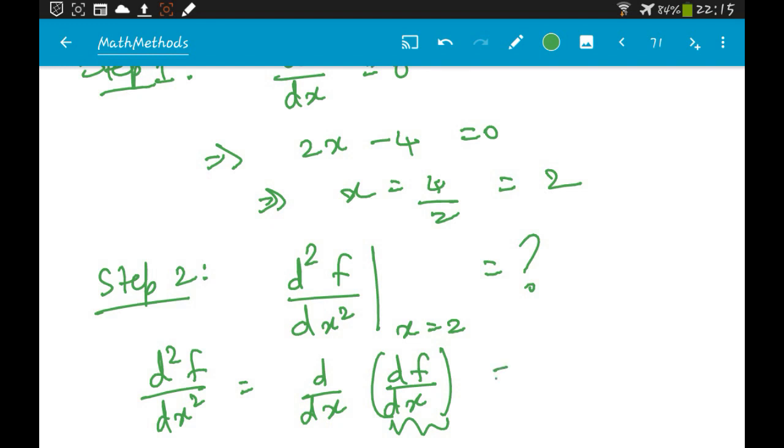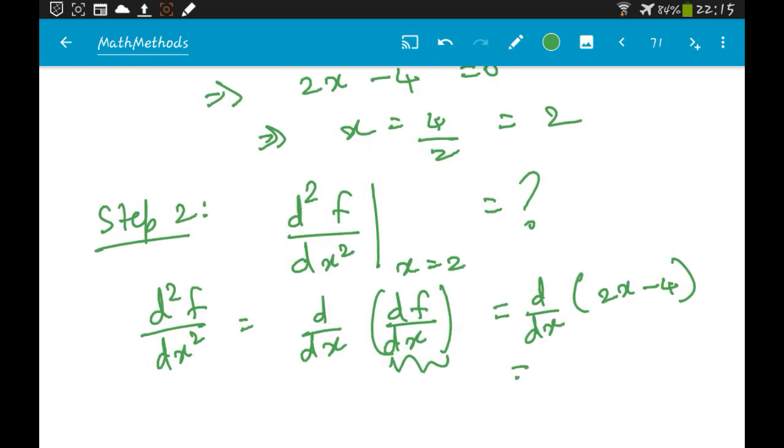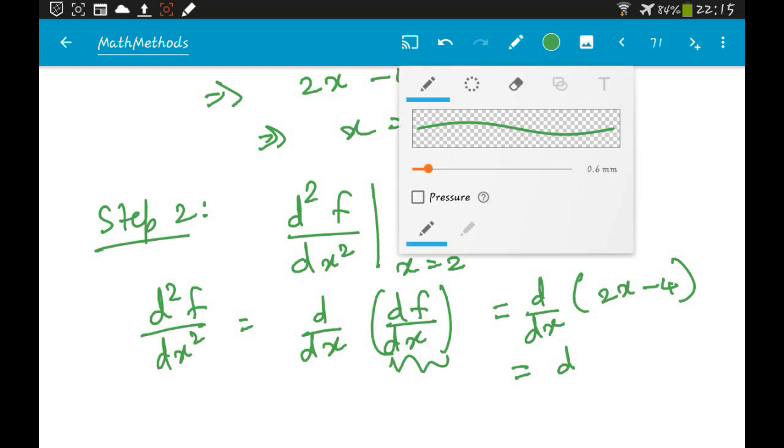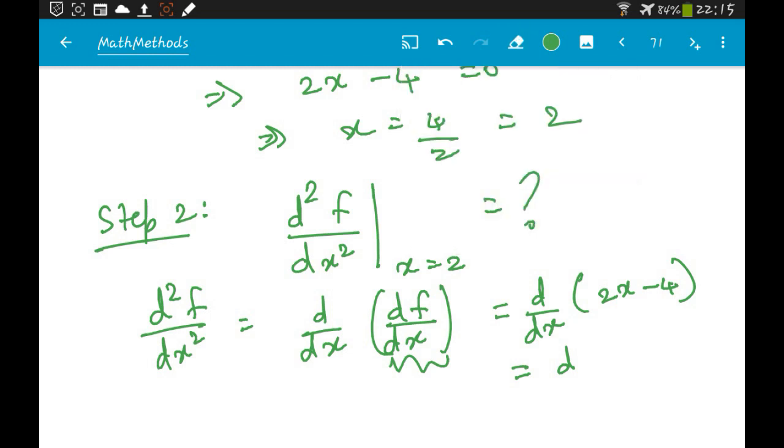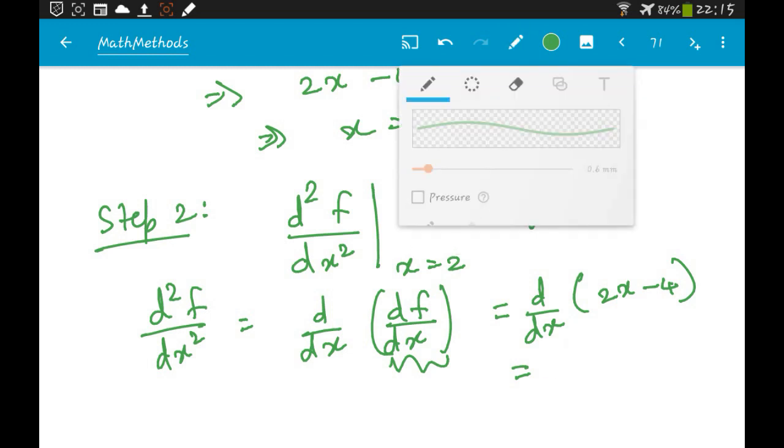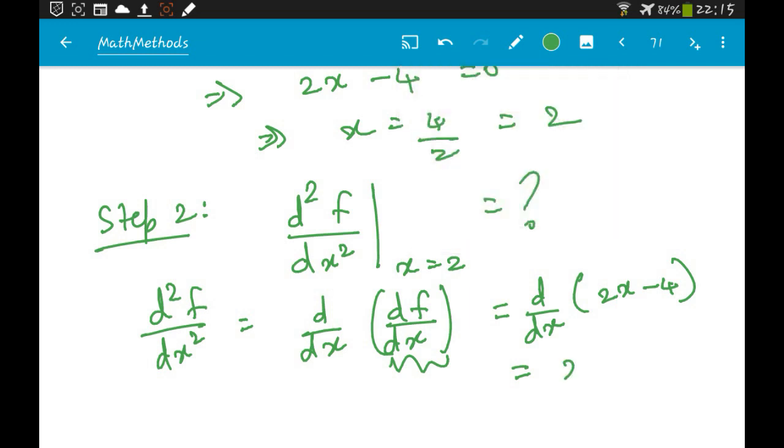We already know df/dx, so this is d/dx of 2x minus 4. d/dx of 2x is 2 and d/dx of 4 is 0.